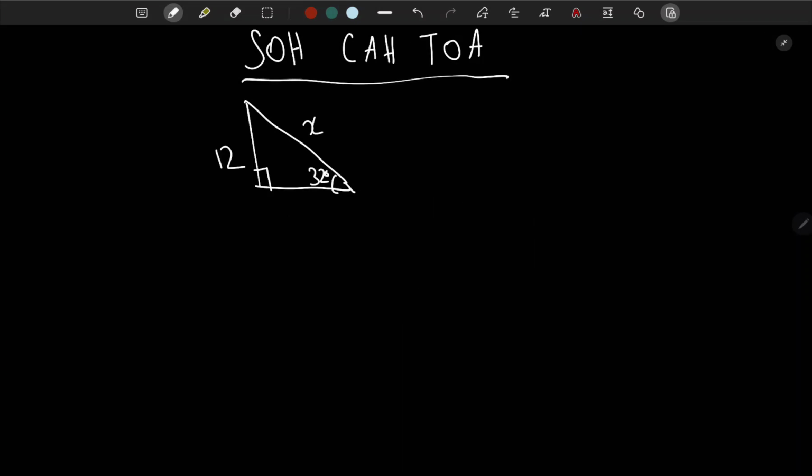In this example, we are to find the value of x, and we are given that the angle is 32 degrees and the opposite side is 12. Which of the functions include the opposite side and the hypotenuse? That is going to be sine. So sine of 32 degrees is equal to opposite, which is 12, over x, and you can just do shift solve, and you will get the value for x to be 22.64.